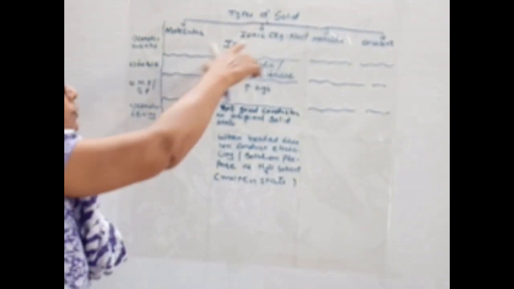Out of these four, two options are correct. When the solid NaCl is heated, it is a good conductor, and when it is in the molten state, it is also a good conductor. So here we have studied these four properties for the ionic solid.